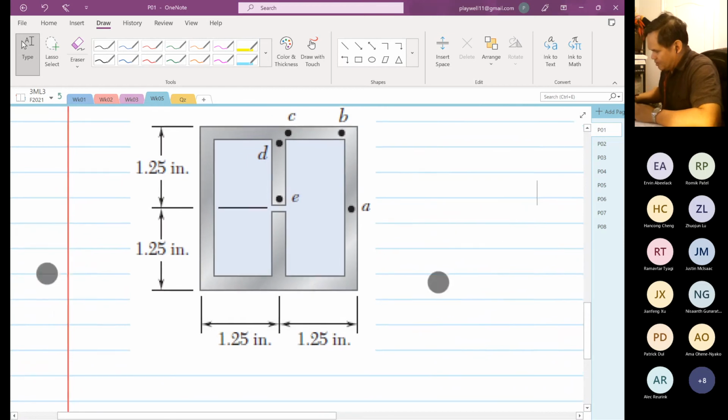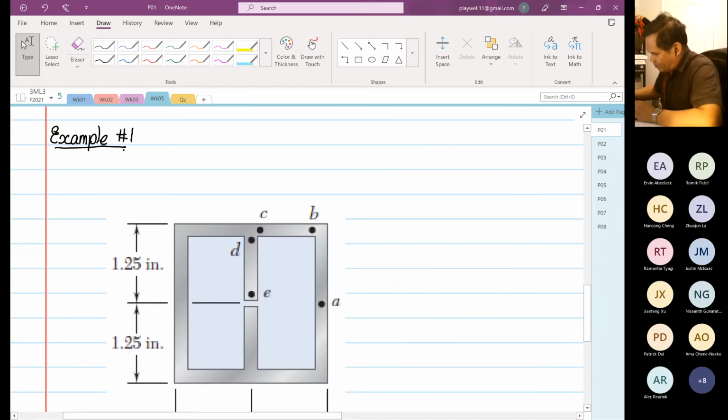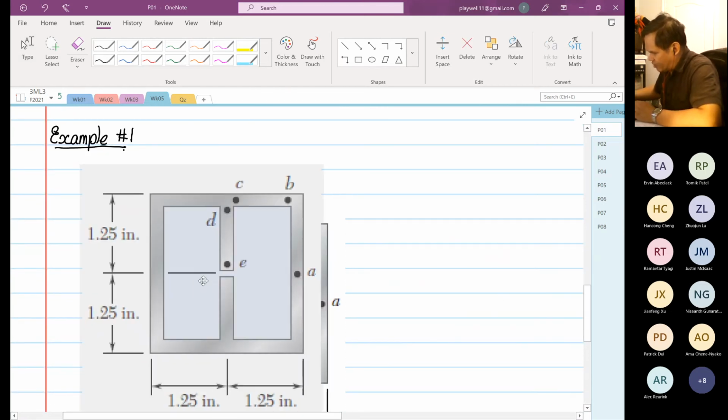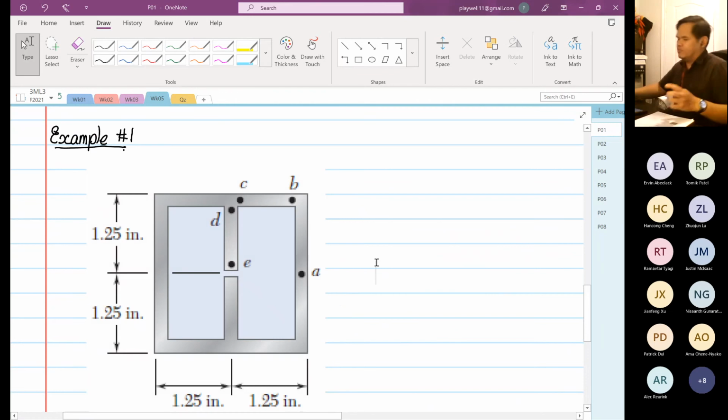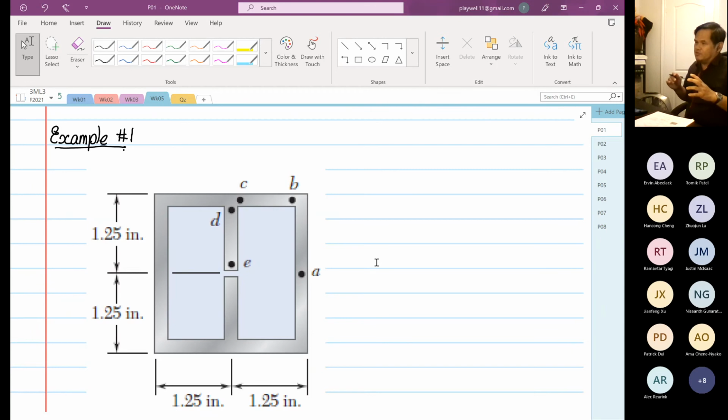The thing about thin wall analysis, you have to construct the shear flow first. If you don't know how to construct the shear flow, you cannot do your analysis. So example number 1.